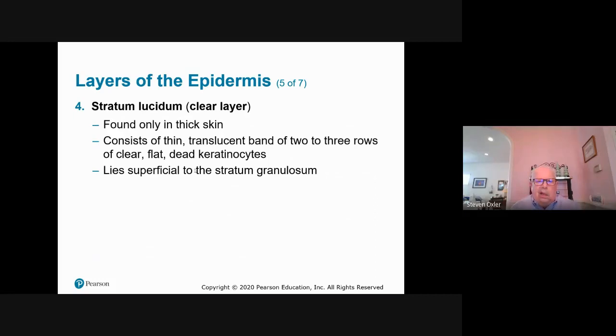It consists of dead keratinocytes. I emphasize that word, dead keratinocytes. It is in areas that are only thick, and the thick skin layers of the epidermis in your body are on your hands and feet, because those are the areas that are subject to abrasion.